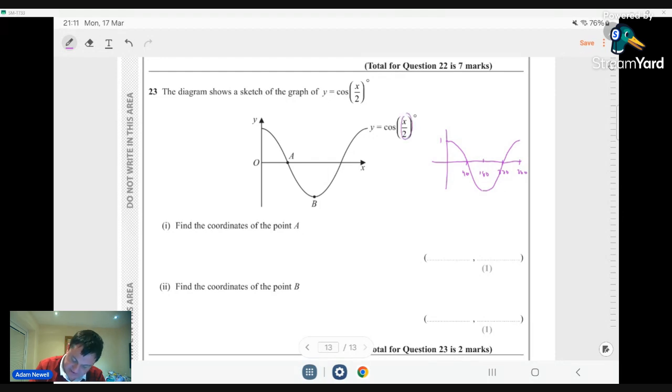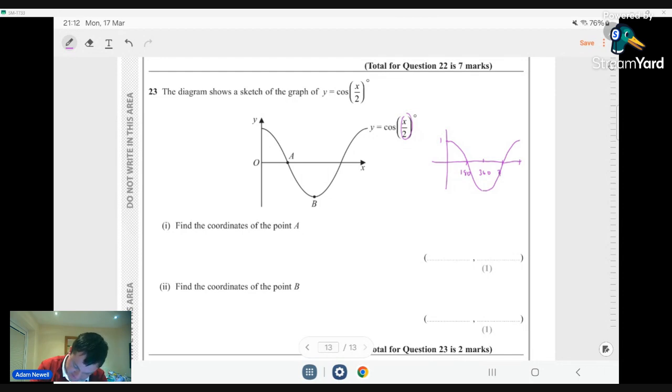Now, this transformation here enlarges the x values by a scale factor of 2. It does the opposite of what you think. So if it enlarges it by a scale factor of 2, I can change this here. And rather than this be 90, that can be 180. That's 360. That'll be 270 times by 2. Just make sure I don't make any silly mistakes.